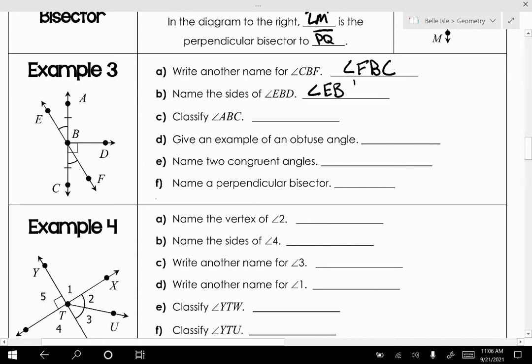Ray EB and ray BD. No, you can put BE. C, classify ABC. Okay, see if you can finish C through F on your own.